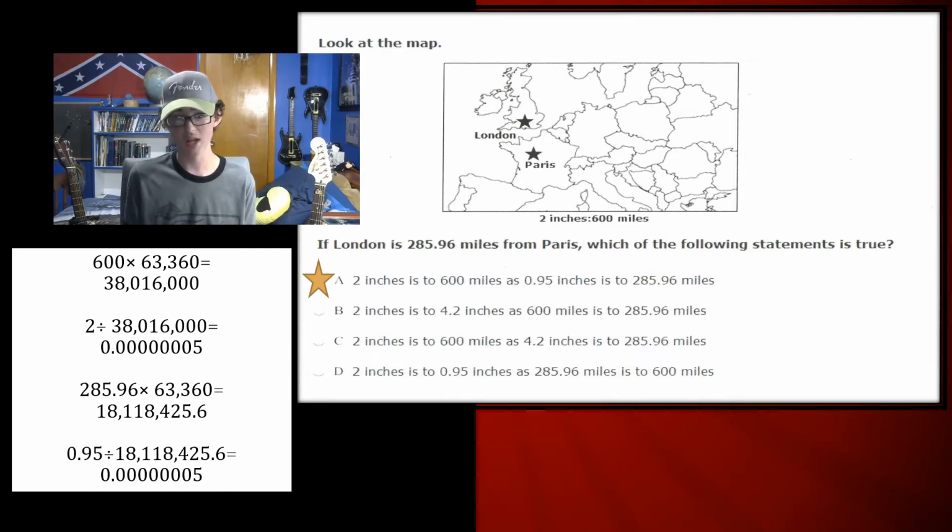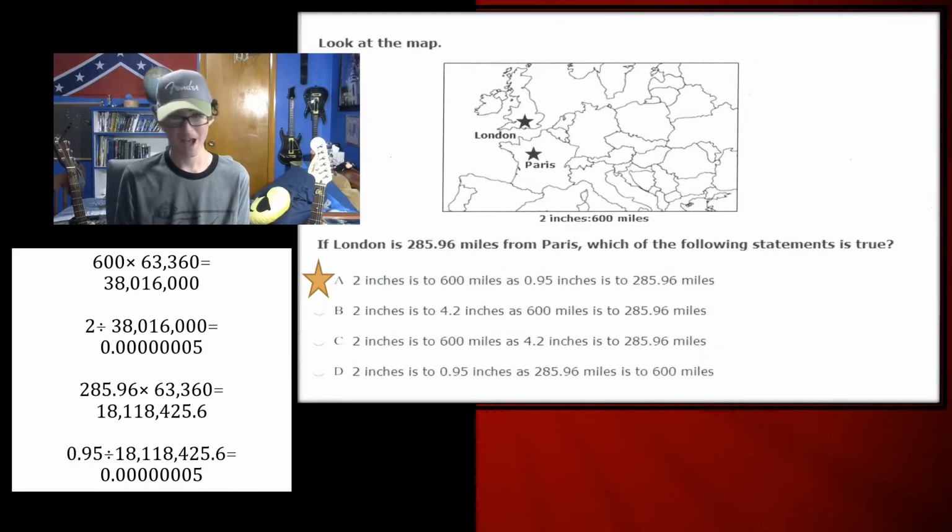That's a lot of area, just a whole lot. It's a lot more than you probably would have thought, unless you knew that. So, whenever you multiply 600 by 63,360, you get 38,016,000. Okay? That's a lot of inches.